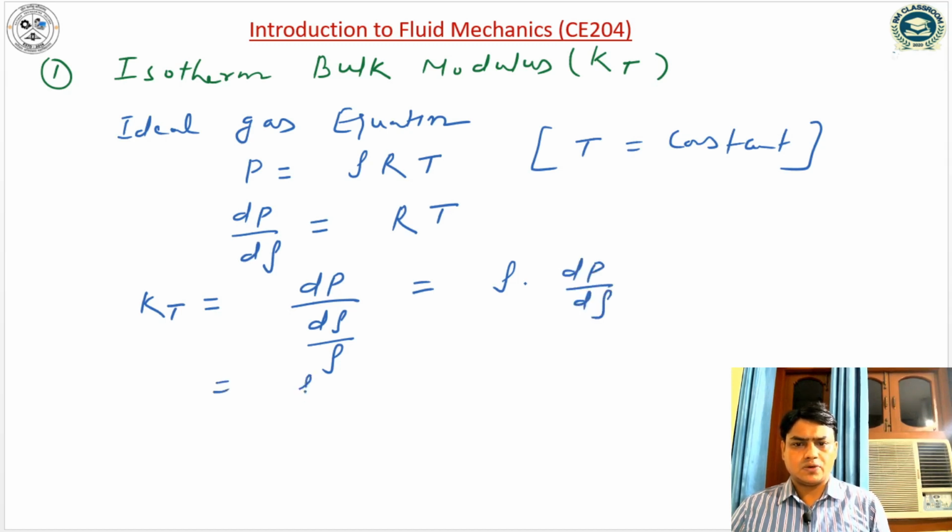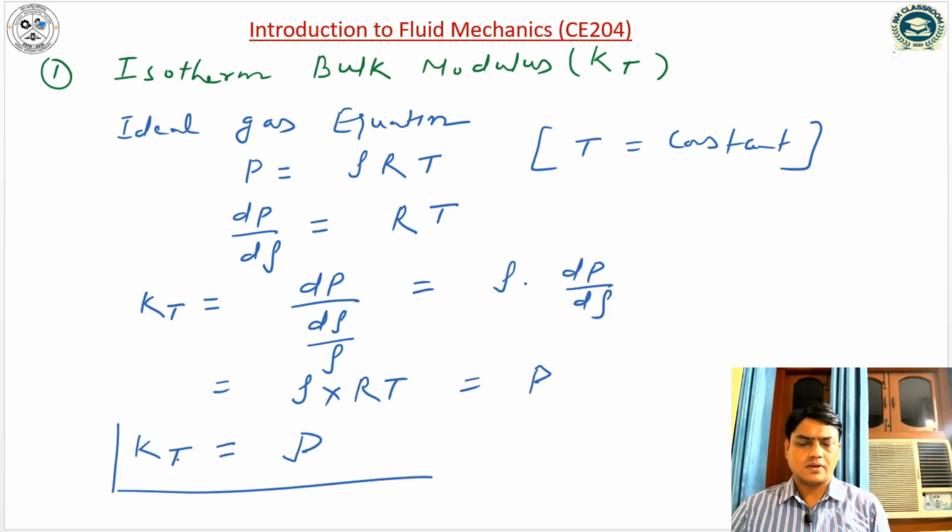So it will be rho and dP by d rho is RT, so it is rho RT. So we can write P. So isothermal bulk modulus is equal to the pressure.